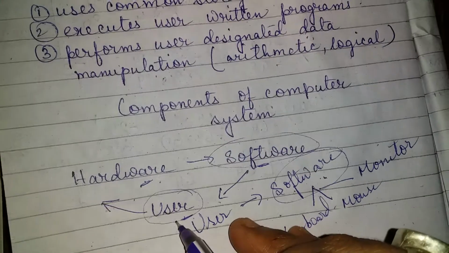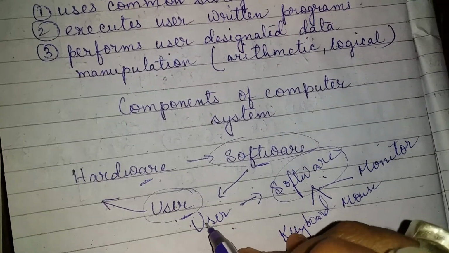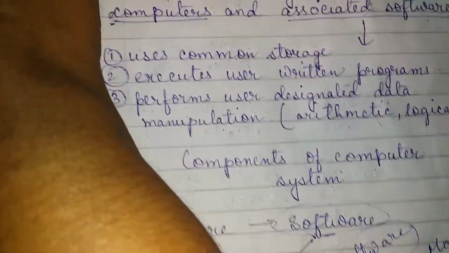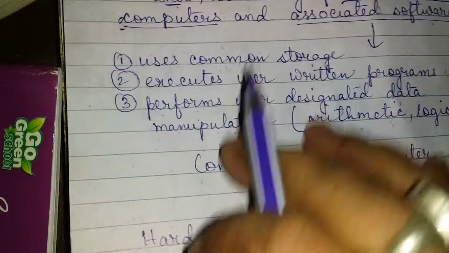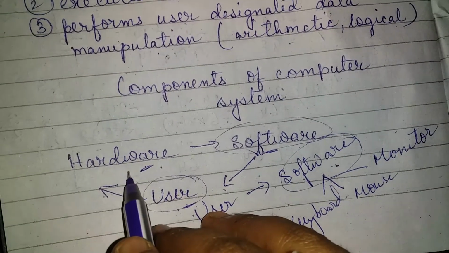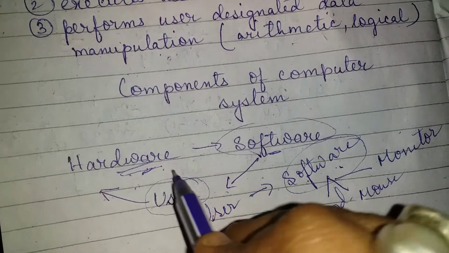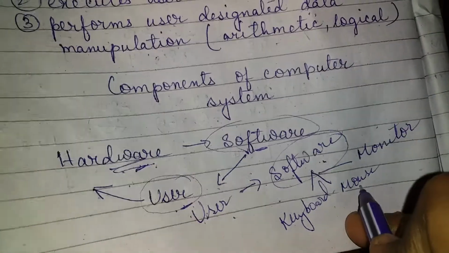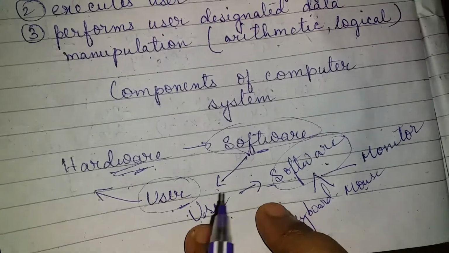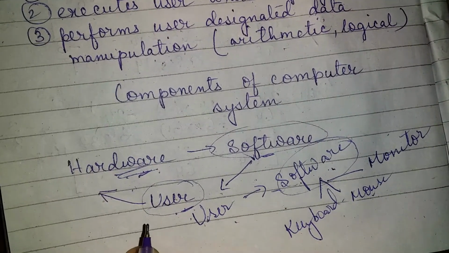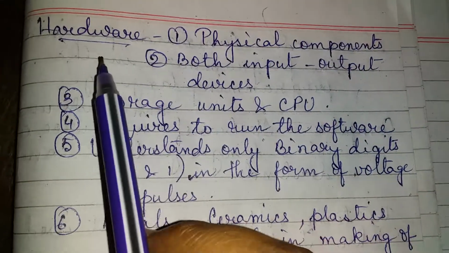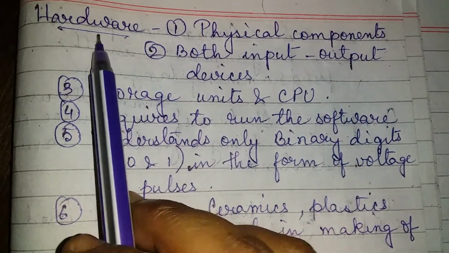So we, the user, generally give instructions to the software, but these instructions are being put in by the help of this hardware. What are these hardware? Keyboards, mouse, monitor, these all, and then the software receives the instruction and the work begins. Now first of all, let's see what is hardware.